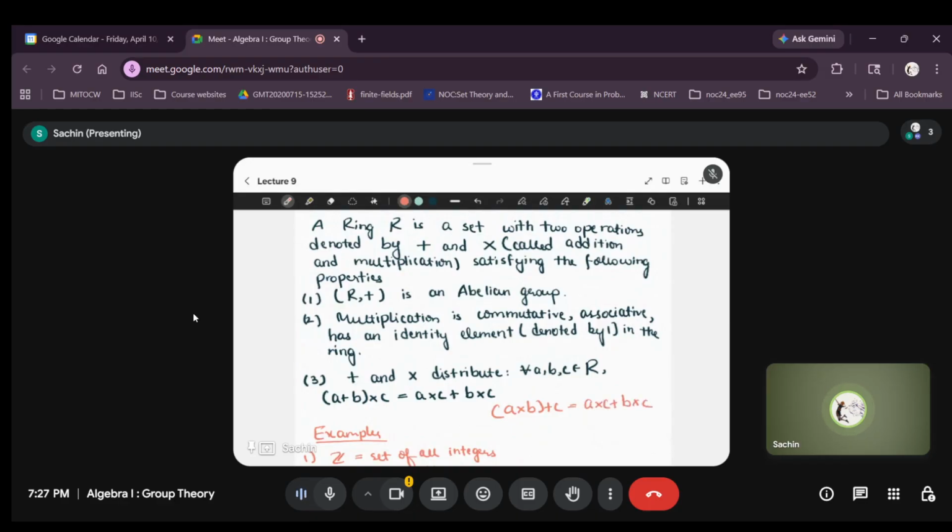You will see that in Boolean algebra, this type of thing holds, I think, right? No, not in general. Yes, it's not true there. Yeah, it's true in Boolean algebra.